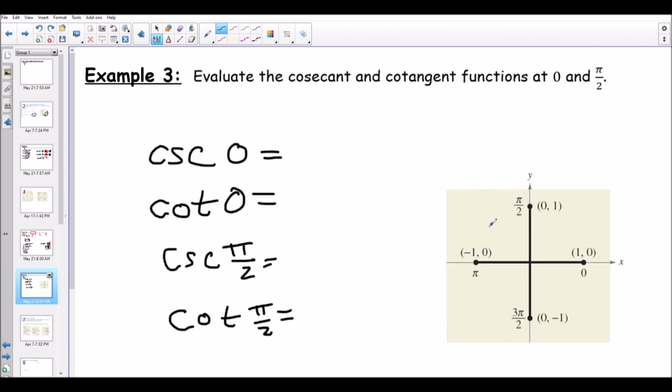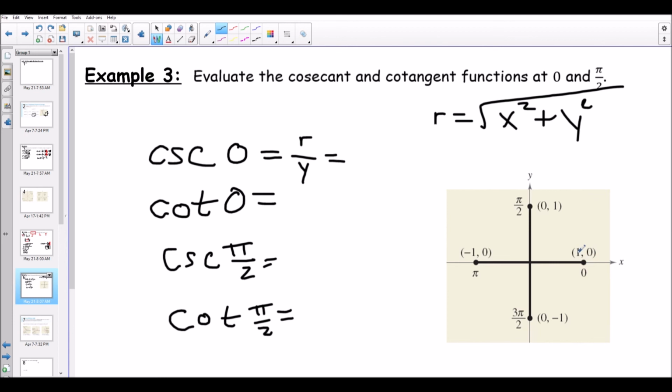So if we're looking at this, they tell us that we are dealing with a 0-degree angle. A 0-degree angle has an x value and a y value of 1 and 0. If you go and plug this in, we're going to need to find the radius over the y value. The radius is equal to the square root of x squared plus y squared.